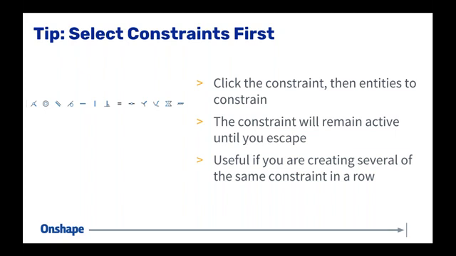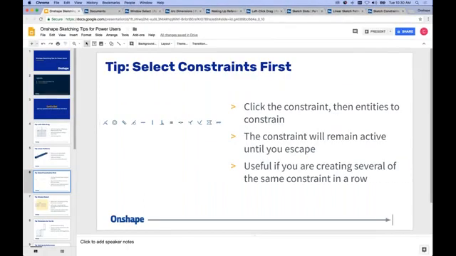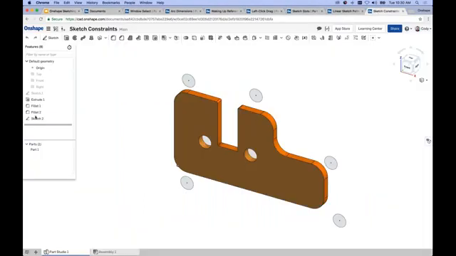And that's very useful if you're applying the same constraint back to back to back, right? Because otherwise, if you follow the traditional workflow of selecting the geometry first and then selecting the constraint from your toolbar, you will need to go to select that same constraint from the toolbar over and over and over again. But if I select it first, then it's automatically active, and it just keeps going as I keep clicking on geometry. So let me show you an example of this.